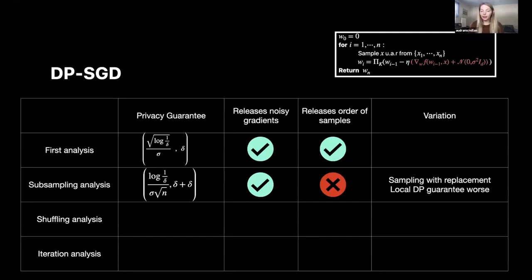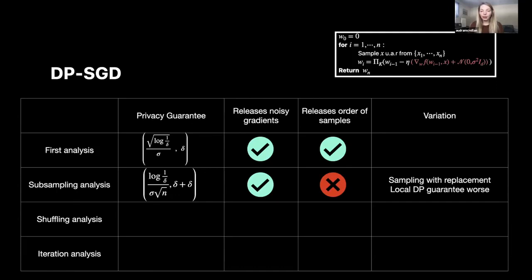We can still release noisy gradients. That was fine. But we can't release the order that we're interacting with the samples, or who we're interacting with, or how many times we're interacting with them. None of that is allowed to be known to the data analyst, because that would violate our privacy guarantee, which relied on the fact that our subsample wasn't known. So this just means that we have to build extra architecture into our system to protect that information.